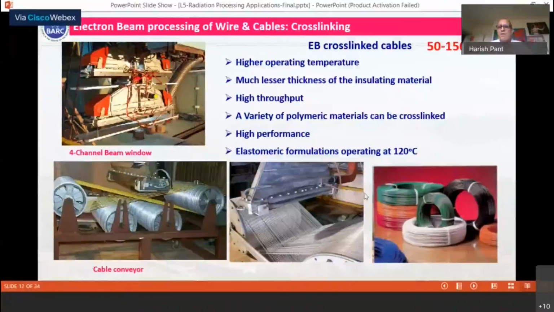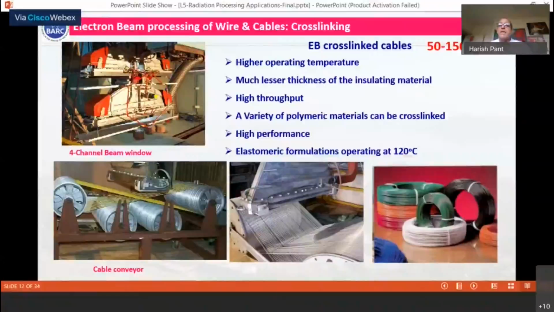If these cables are irradiated, their strength and mechanical properties improve, and they can even be used at higher temperatures. By irradiation, mainly by electron beams, their properties are significantly enhanced, and they can be used for a very long time.